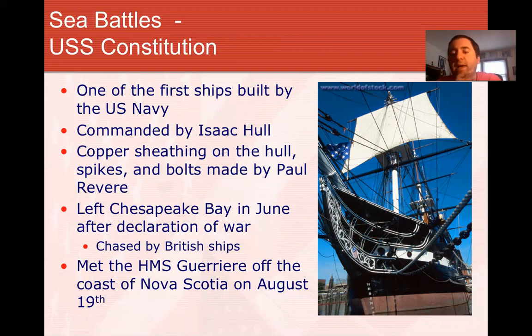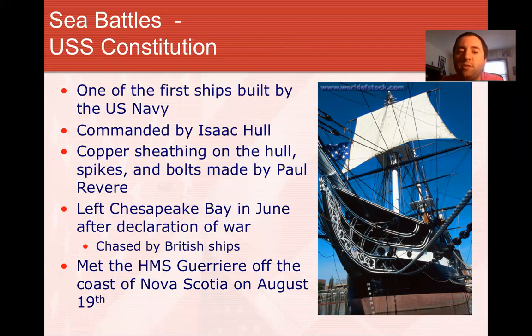The ship is heavy with copper. It leaves Chesapeake Bay in June, shortly after this war is declared, and quickly it is chased by British ships. It does end up meeting the HMS Guerriere off the coast of Nova Scotia on August 19th. This ship, with its copper sheeting on the hull, on the spikes and the bolts, you can take a look on the right, is supposed to show great strength.